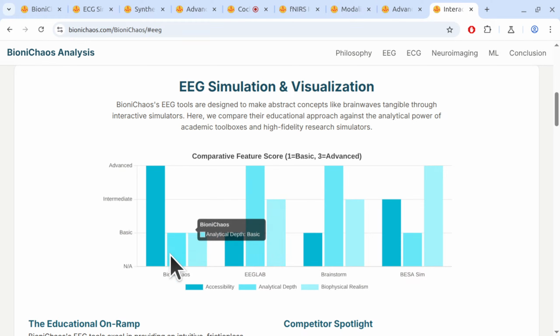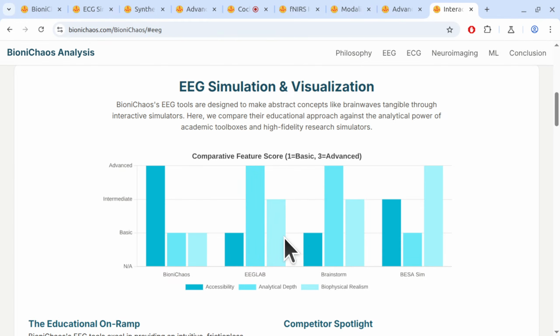Okay, and what does Bionic Chaos score like? Bionic Chaos shows an advanced level of accessibility, but basic levels for both analytical depth and biophysical realism. Okay, how about the other tools? Do we actually know what they are?